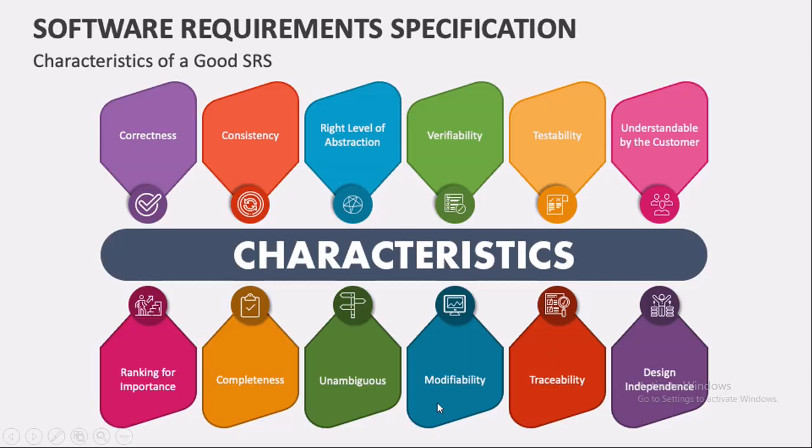Your SRS must be easily modifiable. Your requirements must be easily traceable, and it has design independence. This means when you are writing an SRS, it should describe what the system does, not how the internal code is written. These are the software requirement specification characteristics we have.